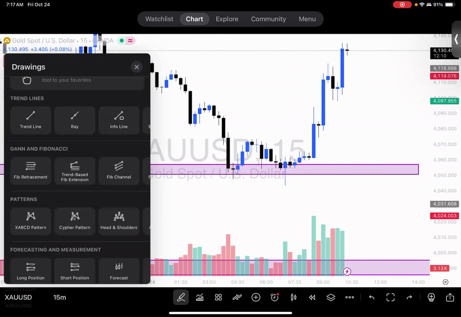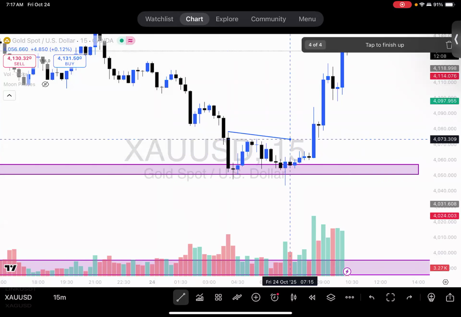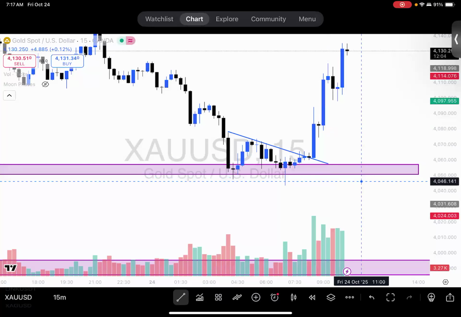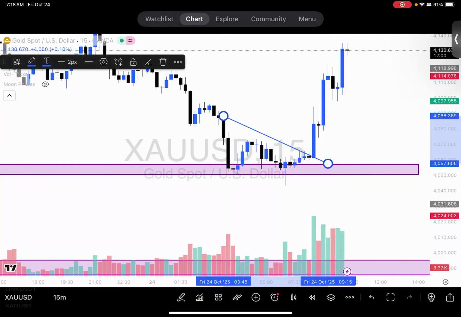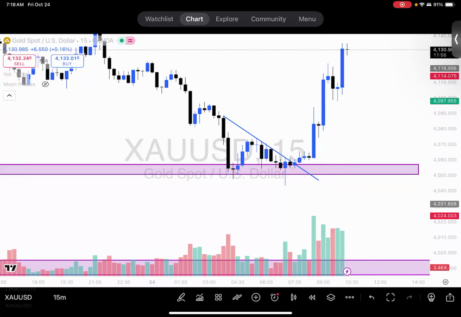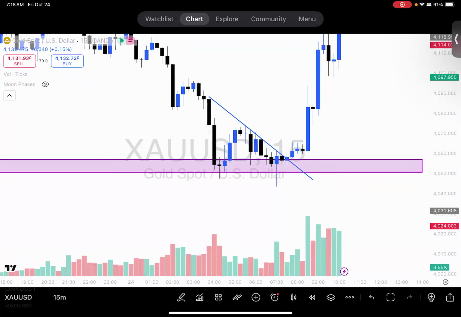And then we also want a break of the counter trend line, which I would draw something like this, even maybe from this candle down to here, something like that, is also very nice.